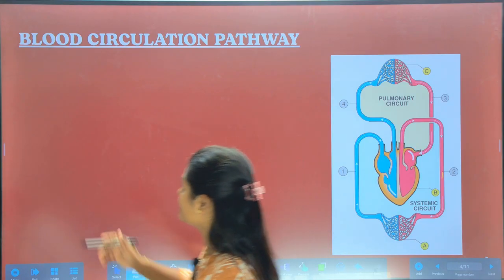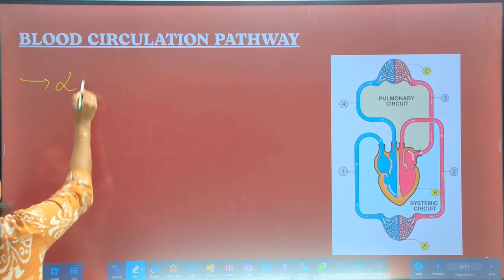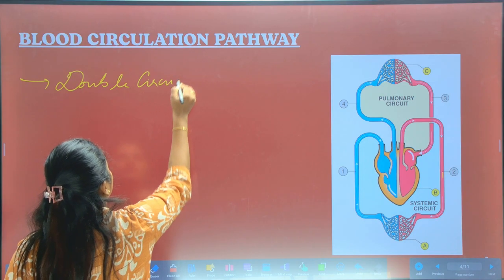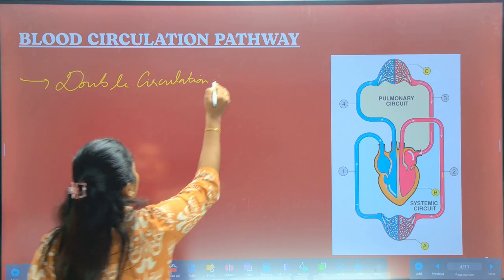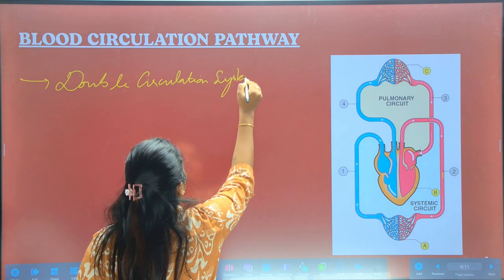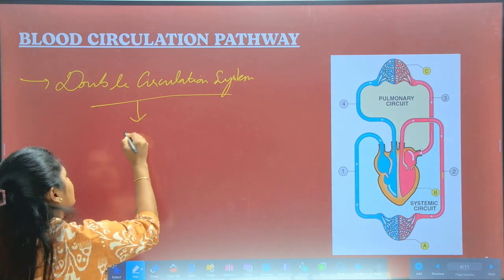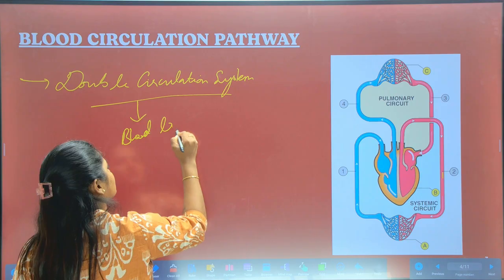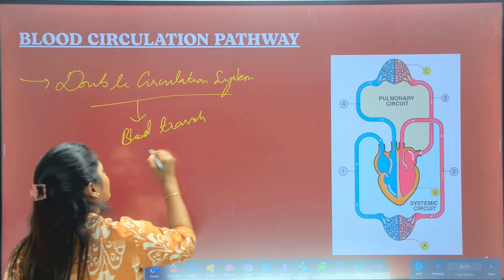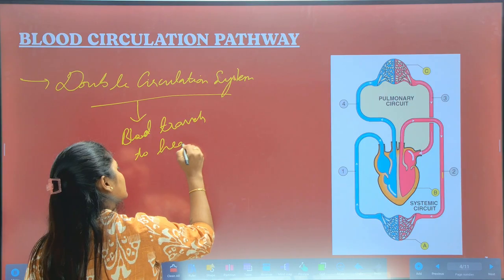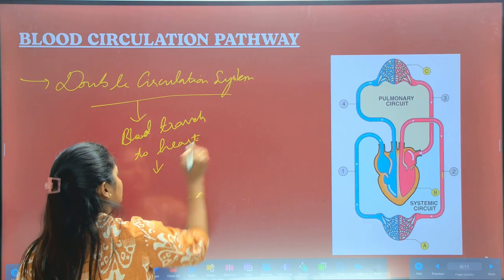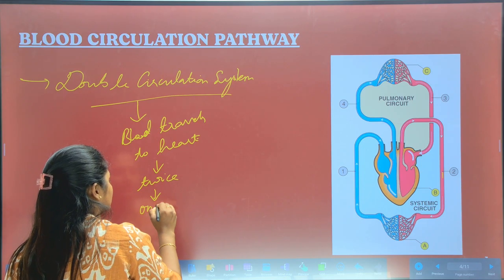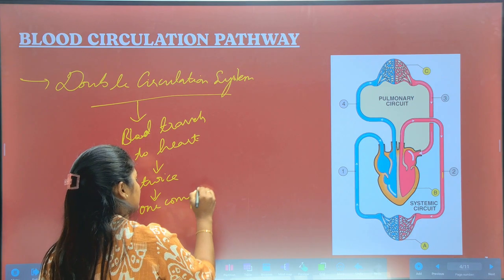And here we all know that the heart has a double circulation system, which means blood travels to the heart twice in one complete cycle.